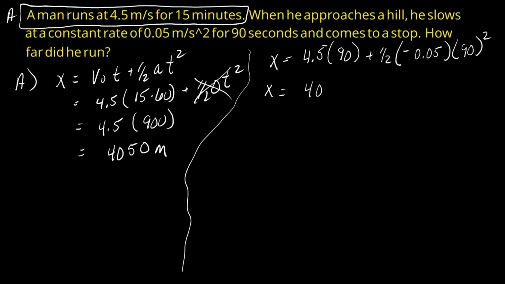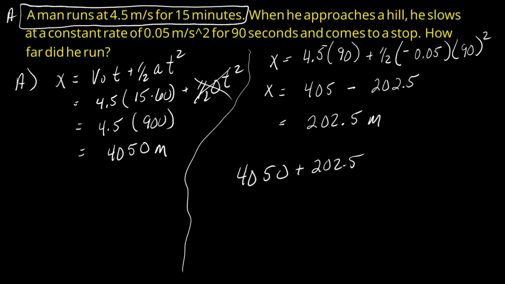So this is going to be 405 minus 202.5. So that gives me 202.5 meters. All right, so if I add these two together, 4050 plus 202.5, both of these are meters, it would give me 4252.5 meters. And we want to go like 2 sig figs or something like that, so we would say approximately 4,300 meters.